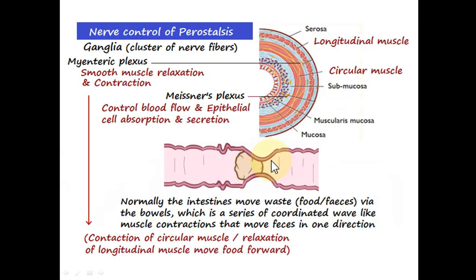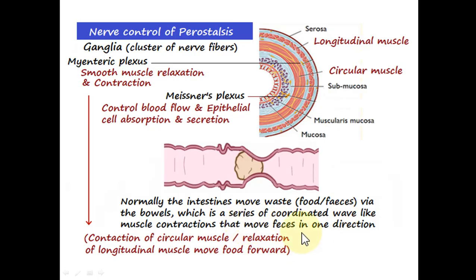At the same time, the stimulation of the longitudinal muscles causes relaxation in front of the food contents, and in this way the food is pushed towards the rectum. This type of coordinated peristaltic contractions is essential for moving the food from the mouth towards the anus.